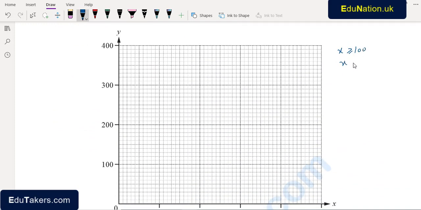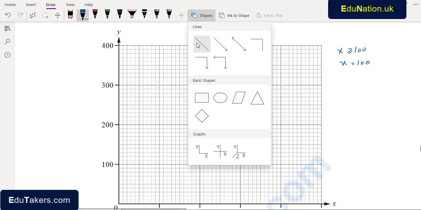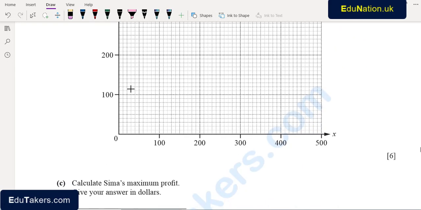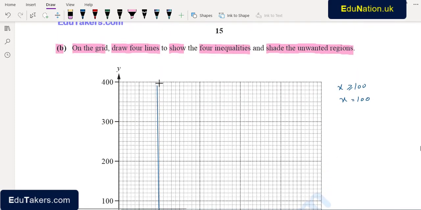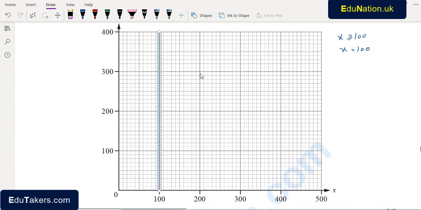Equation for this is x equals 100, and its line will be a straight vertical line passing through 100. And x is greater than or equal to 100, so the unwanted region is on this side of this line.